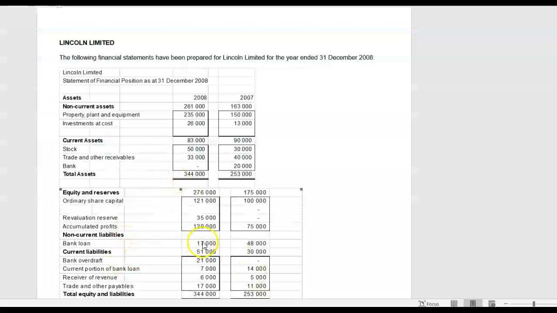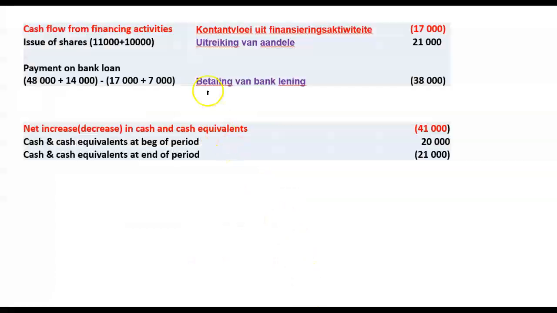For the bank loan, you had to add opening balance 48,000 plus 14,000 less 17,000 plus 7,000. 48 plus 14 less 17 plus 7, and that then means that we've repaid some of the loan during the year of 38,000. Net cash outflow from financing activities 17,000.